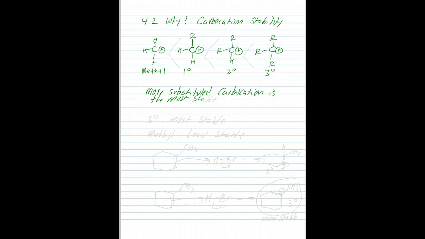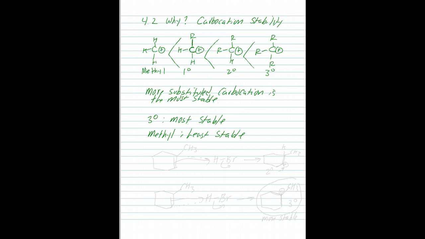It's very simple. The more substituted the carbocation, the more stable. So that means the tertiary is the greatest stability, then the secondary, then the primary, then the methyl. So the tertiary is most stable. That means it wants to form. As you go to methyl, least stable, that means it does not want to form.